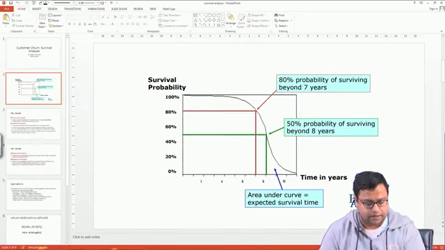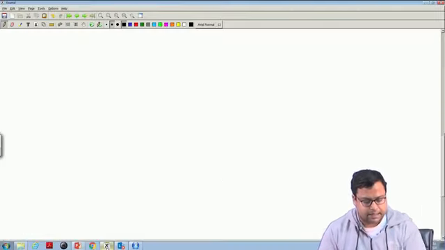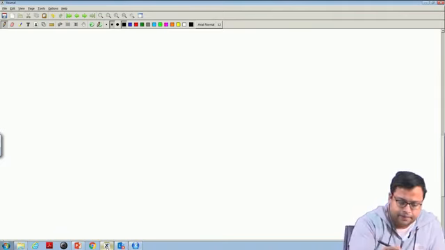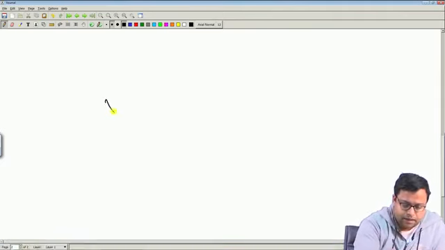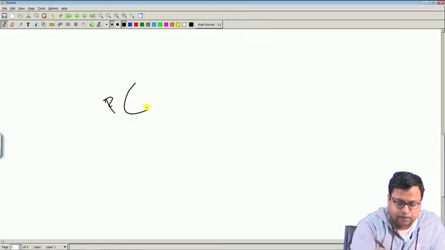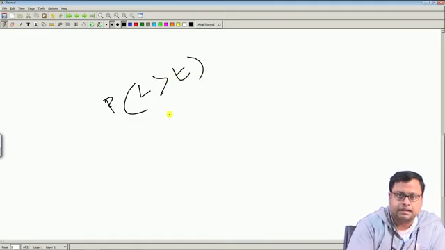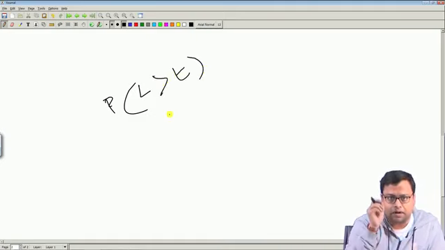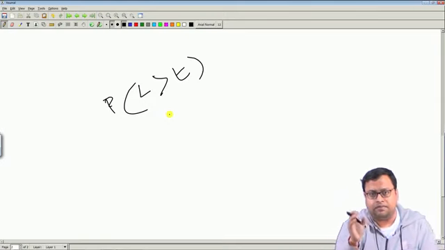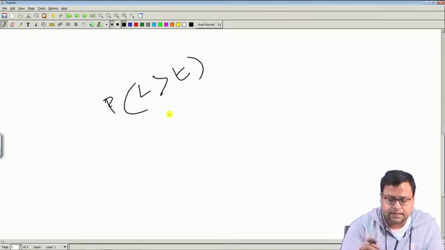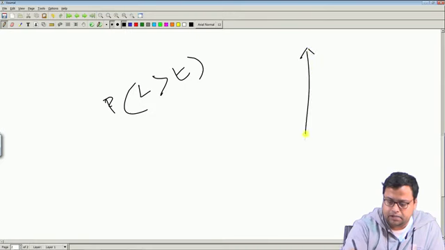So, if I can give you information like this: the probability that your lifetime L is greater than t. If I can give this particular probability, that what is the probability that your lifetime will be greater than t, that is this particular graph.